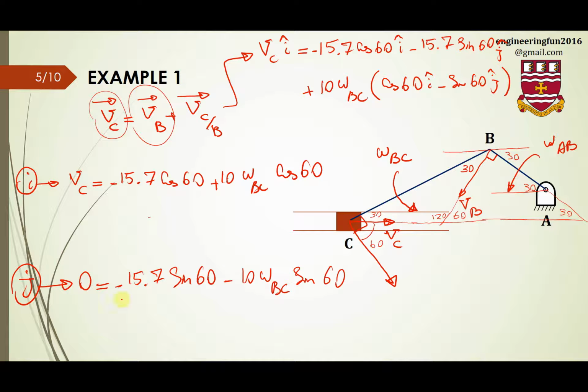Okay, so from the second line, we can find omega BC because that's the only unknown that we have here. So omega BC from this line will be, these two sines will be cancelled out from both sides, and it will be minus 1.57 radian per second.